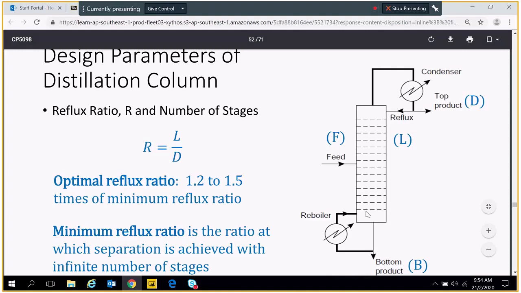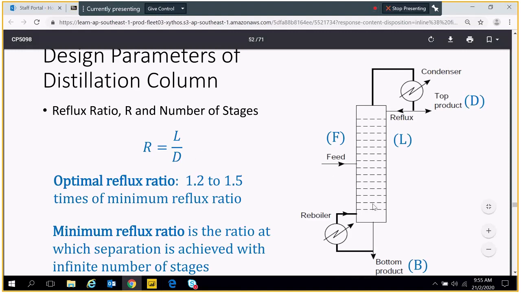And you have the minimum number of trays. That is for infinite L over D, minimum number of trays, because D is 0, L is positive. Whereas this one talks about minimum reflux ratio. L over D is a minimum, maybe 0.83.